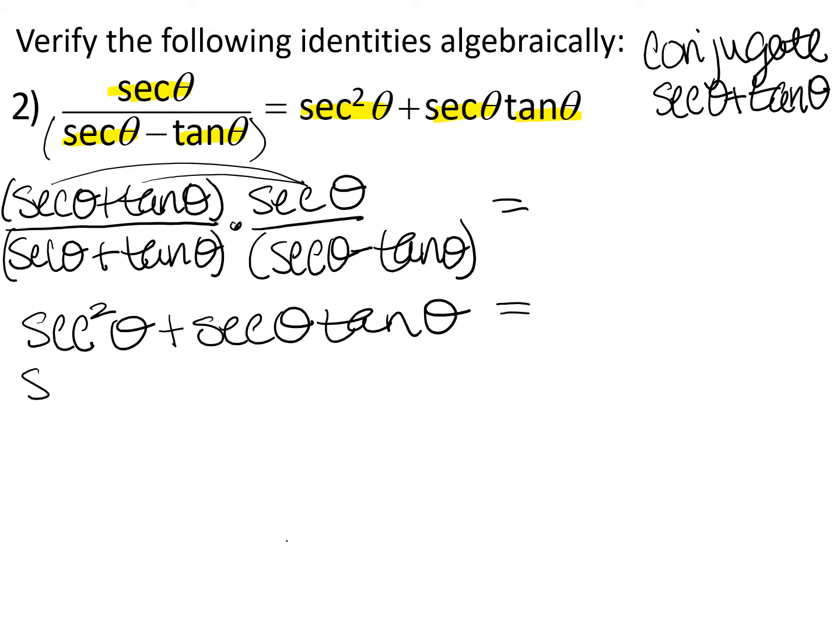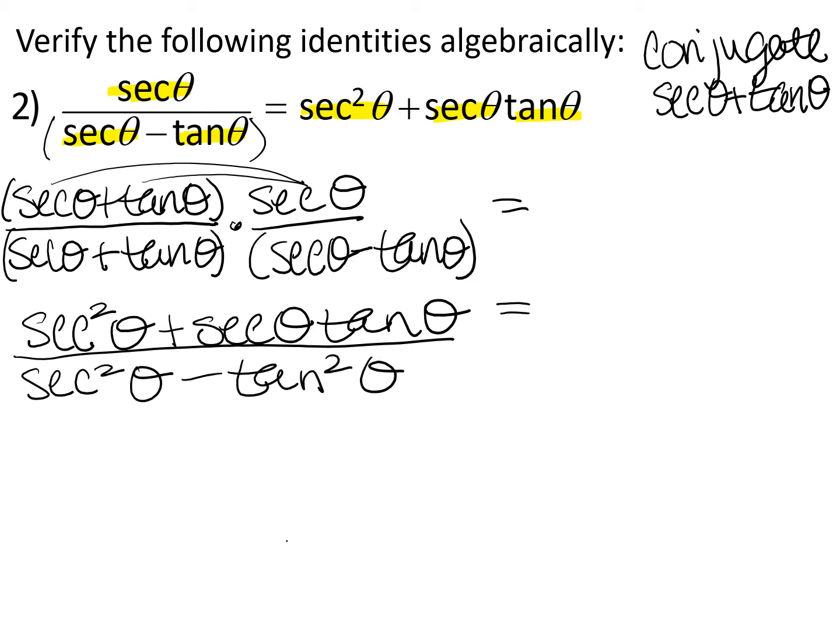So when I FOIL that out, I'm going to get secant squared theta minus tangent squared theta. You could do full FOIL to get that, but you're going to see that the middle terms are going to cancel out. I know it's going to do that because it's a conjugate, and conjugates create sum and difference pairs. Now there is an identity on your identity sheet that says that secant squared theta minus tangent squared theta is equal to 1.